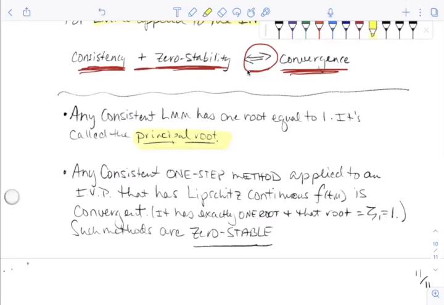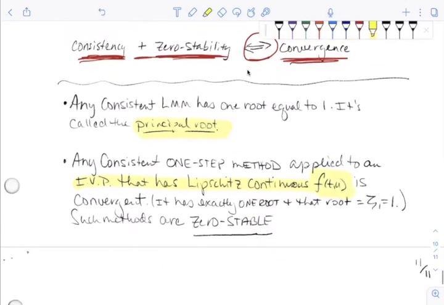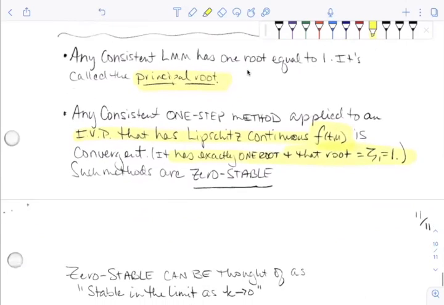And if I have a one-step method and I apply it to an initial value problem with f being Lipschitz continuous, then that is going to be convergent by Theorem 6.3 up here, and the zero stability that we know from the fact that that root zeta 1 equal to 1 is the only one of that character. All right, so all those methods are zero stable.